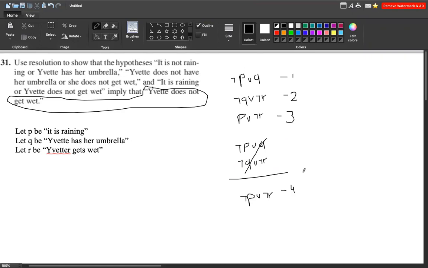Now we can apply the rule of resolution again because we have P here and negation of P there. So let's apply on 3 and 4.